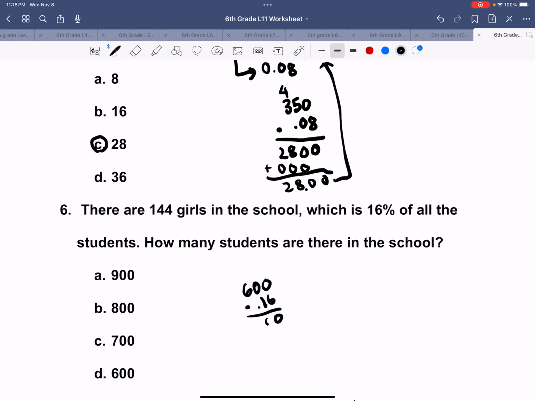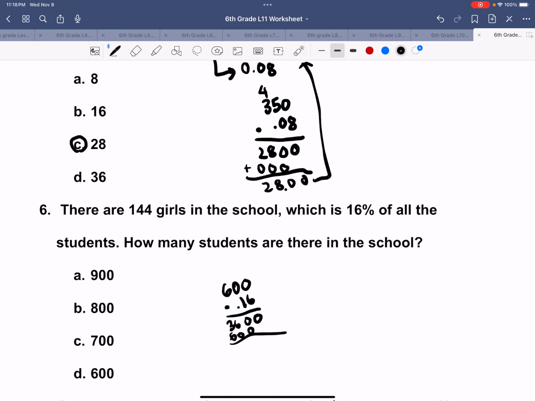So if we have 600, we'll just have to multiply by 0.16 here to get 96. So we'll move on to, I'm going to guess 800.